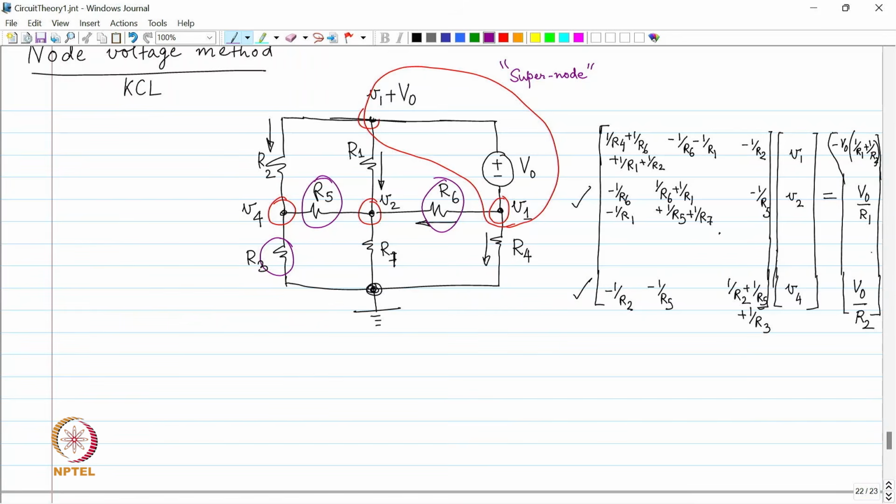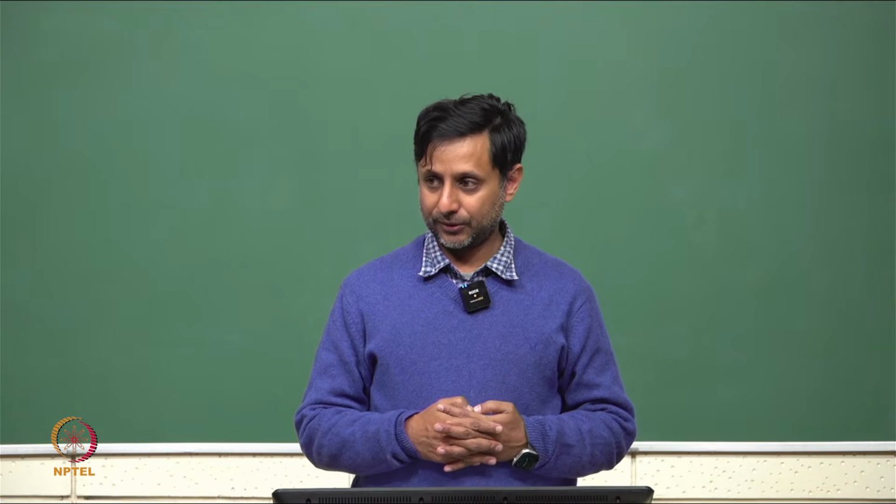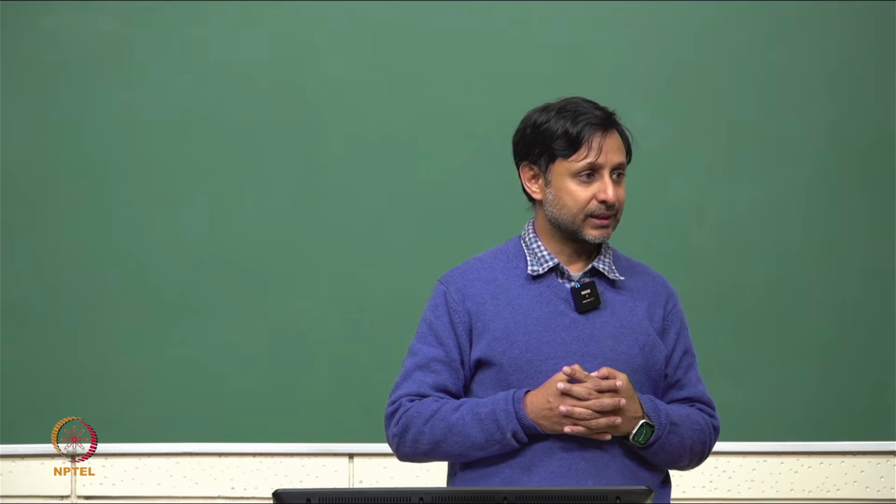It is not really a node, it is more like a cut set, like a Gaussian surface. You are encompassing the entire voltage source, eating up the voltage source inside the cut set.